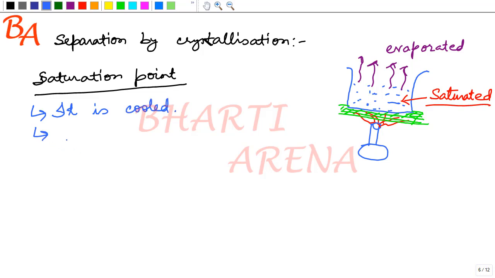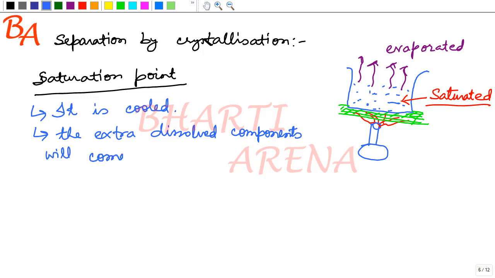And when it is cooled, the extra dissolved components will come out of the solution.